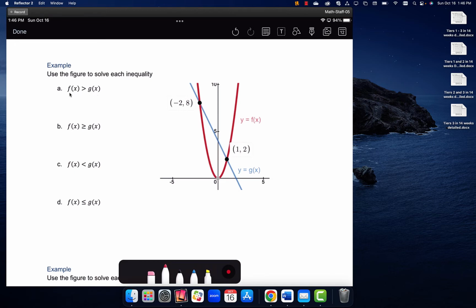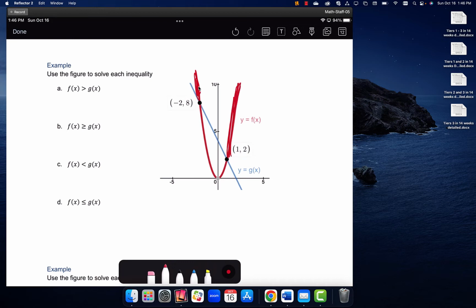In other words, where is F above G? F, again, is the quadratic. So reading left to right, the red quadratic is above the blue here, right? Notice the red is above the blue here as well. The red is above the blue.